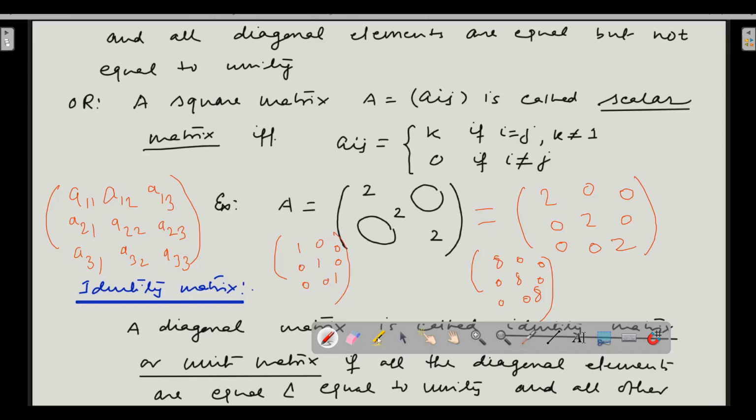Why is this not a scalar matrix? Because it is clearly stated that k should not be equal to 1, and here in this matrix, k is equal to 1. So this is not a scalar matrix, but these two are examples of scalar matrix.